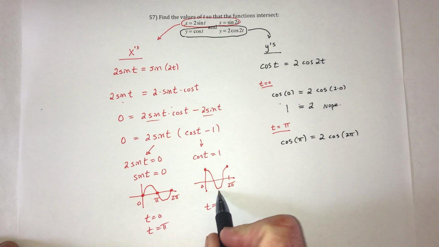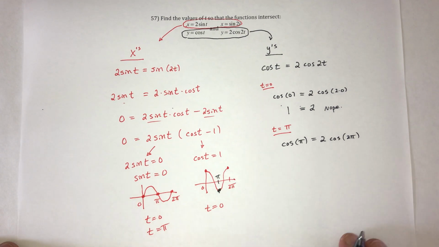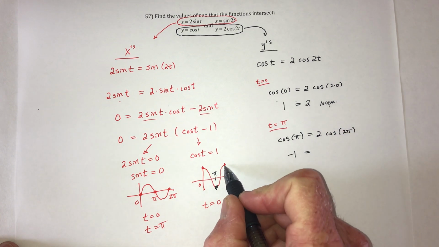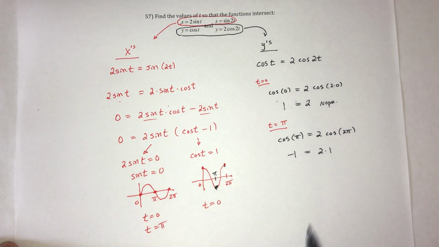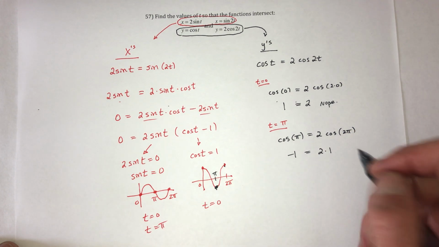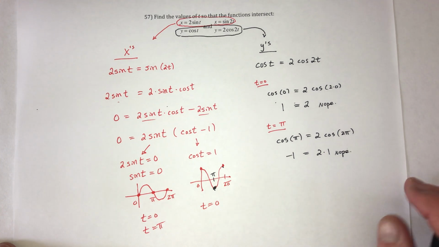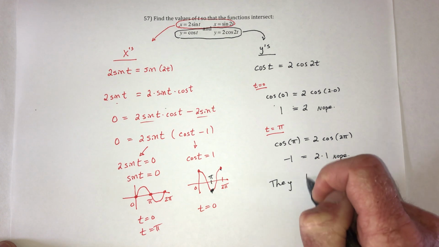Well, cosine of pi is right here. So that equals -1. Cosine of 2 pi is right here. That's when it's equal to 1. So does -1 equal 2? Nope. So just as I saw in the graph, it looks like they do not intersect.